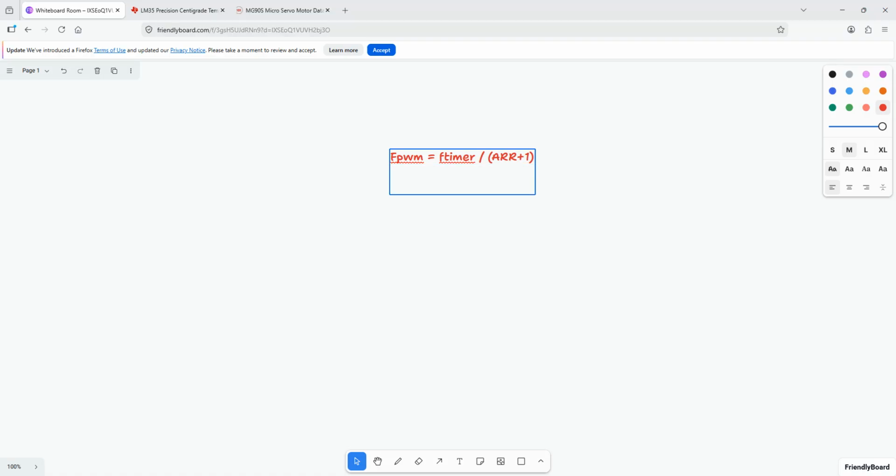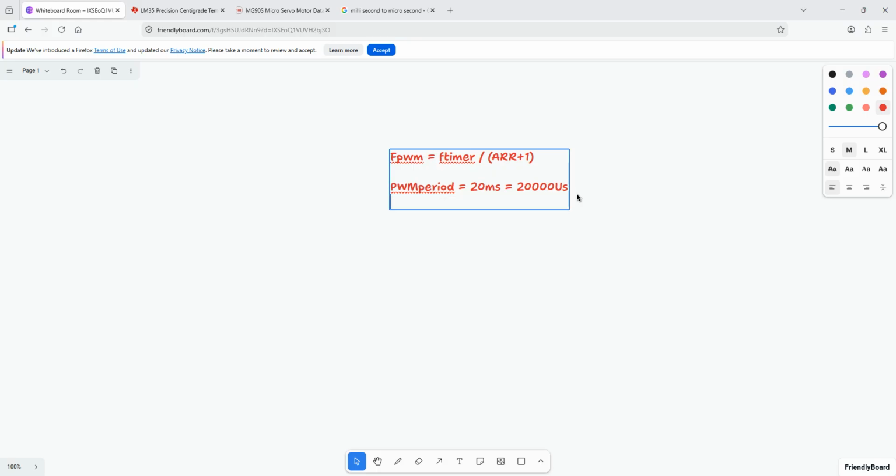Here the PWM period of 20 milliseconds is equivalent to 20,000 microseconds.